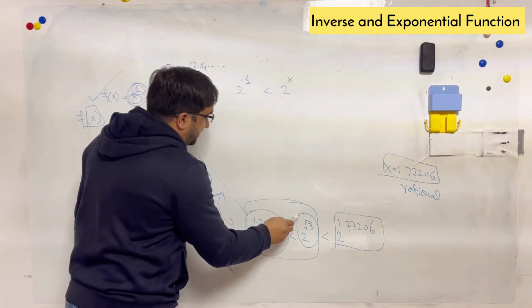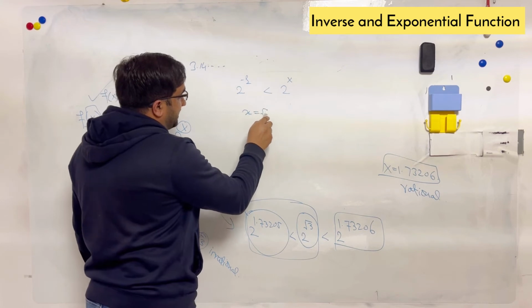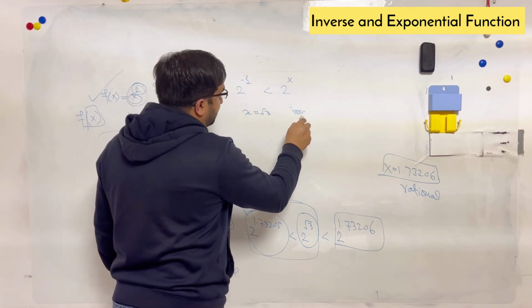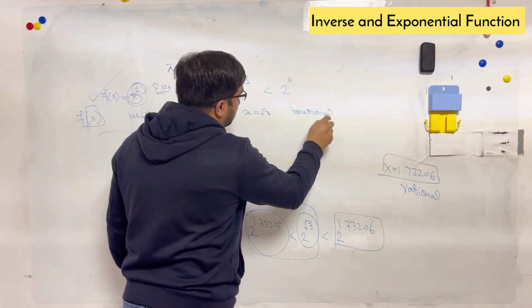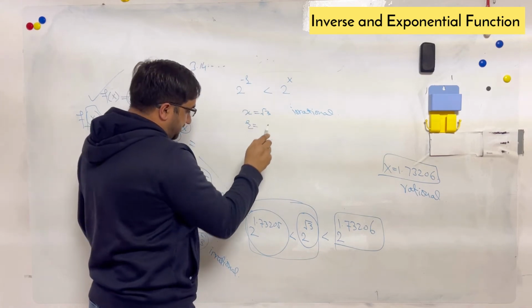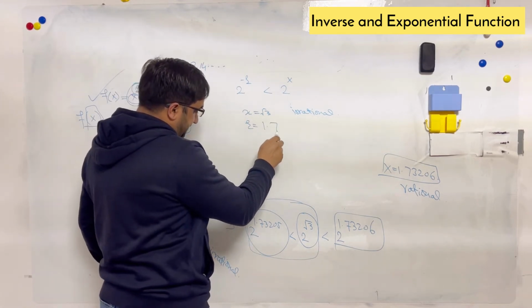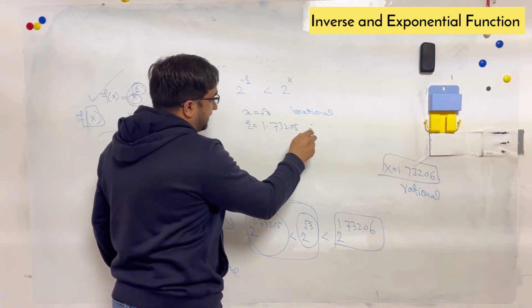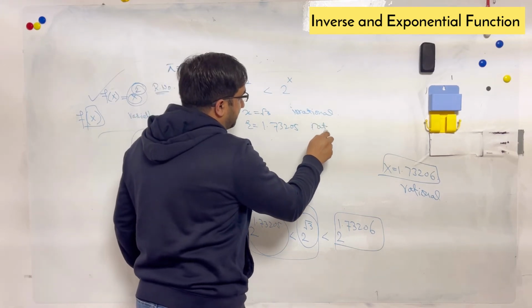The x is root 3, which is irrational, and r is this number, 1.73205, which is rational.